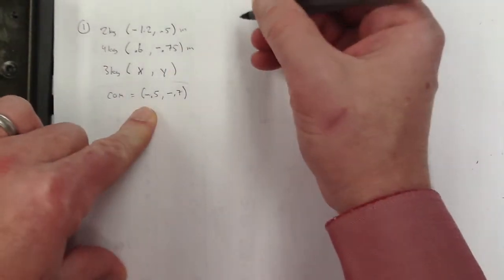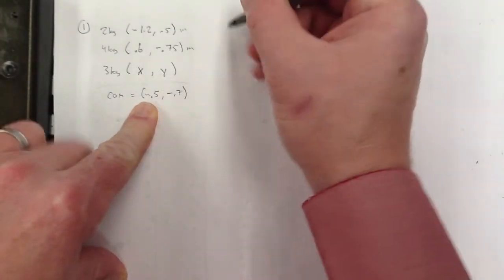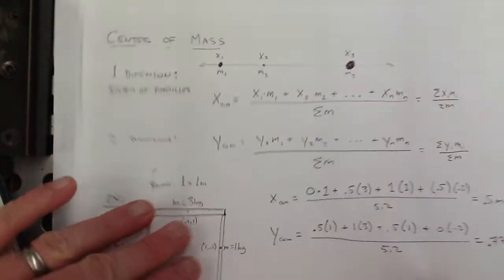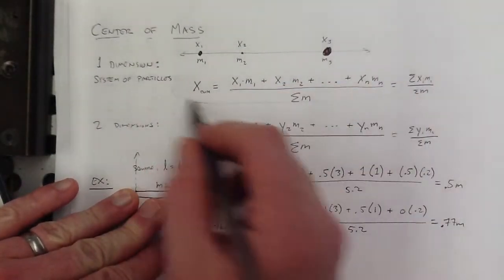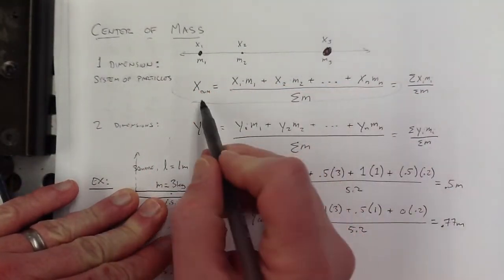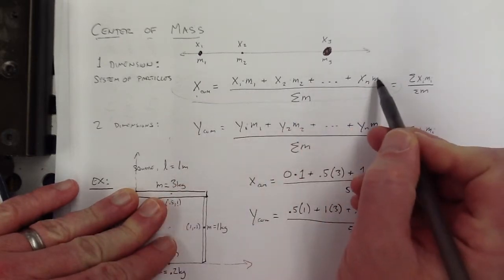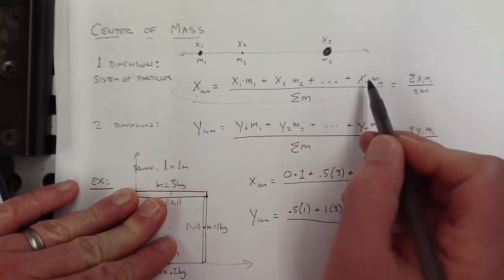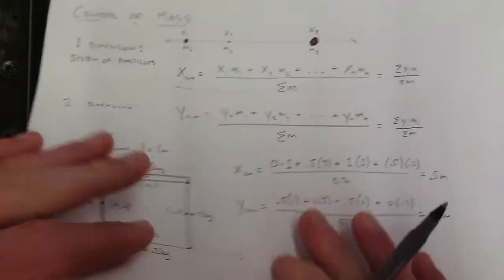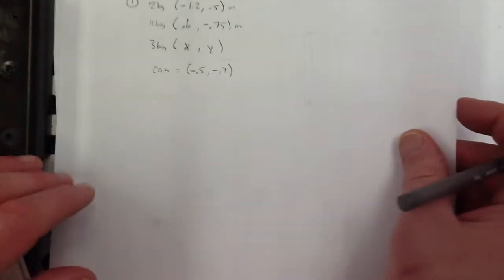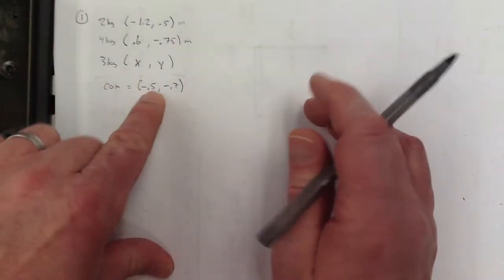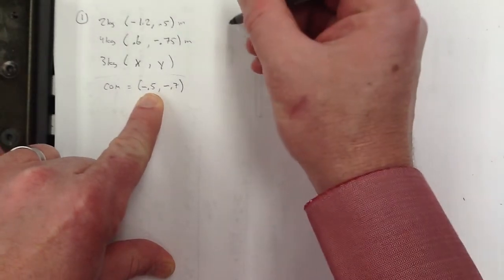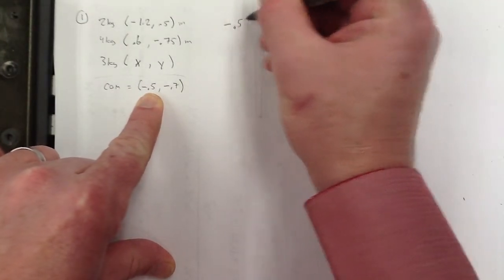So, okay, fine. So that x coordinate of the center of mass, I'm thinking back to my notes here. We know this, and we're missing a piece of information here. So, okay, fine. We can still set that up. The x coordinate of the center of mass is negative 0.5.